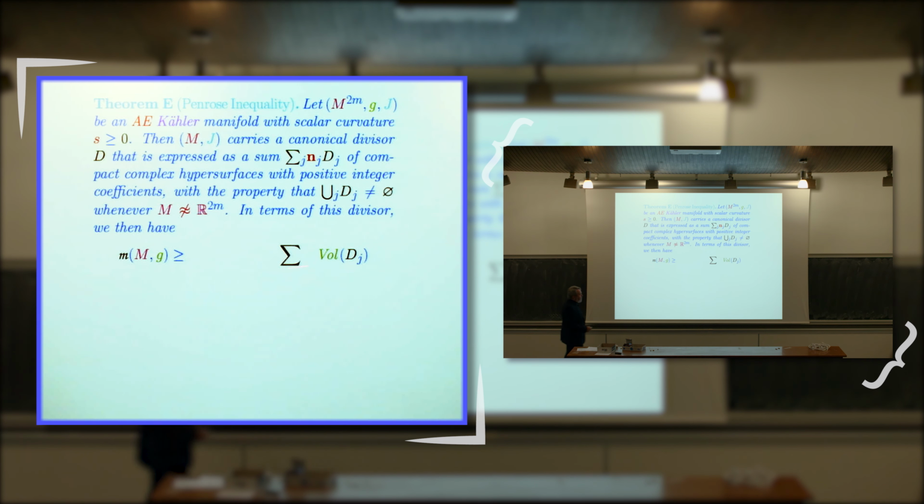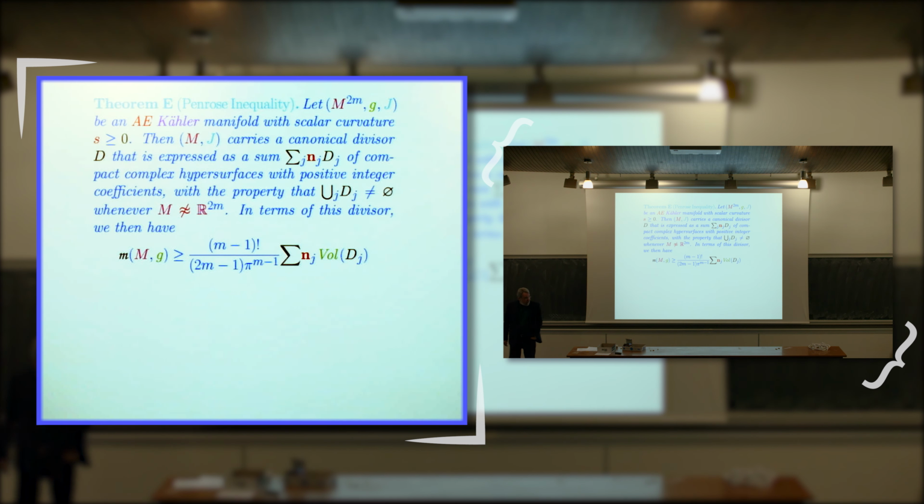It's written as a sum of compact complex hypersurfaces with positive integer coefficients. The union of these hypersurfaces is not empty unless the manifold is diffeomorphic to R^2m. And in terms of this divisor, the mass is greater than or equal to the volume of the divisor, counted with multiplicities and times a certain conventional factor depending upon the dimension.